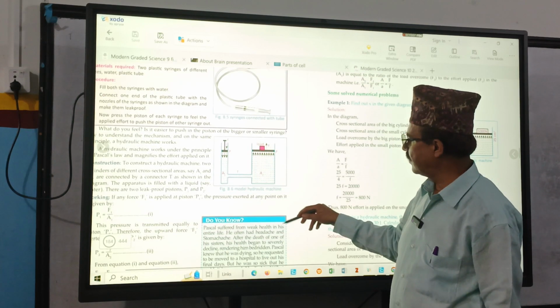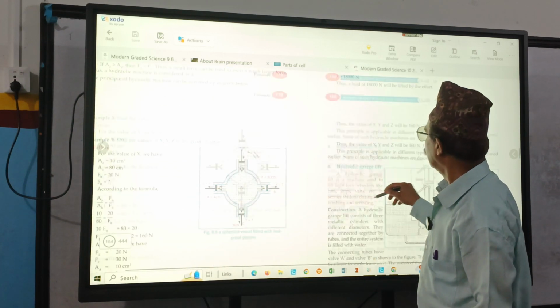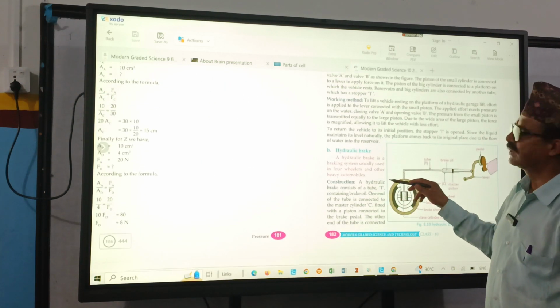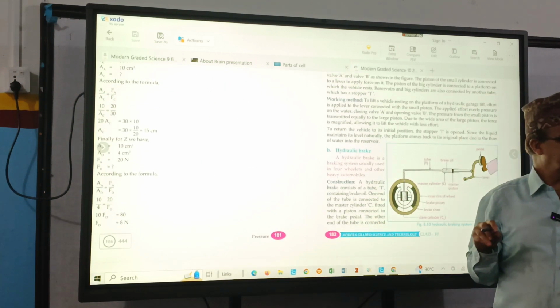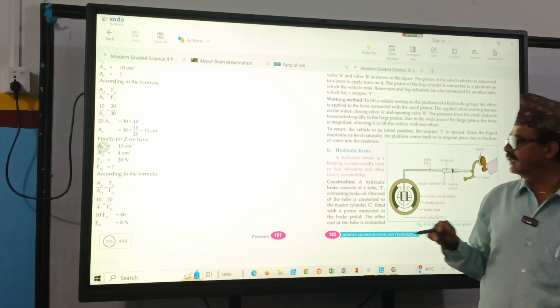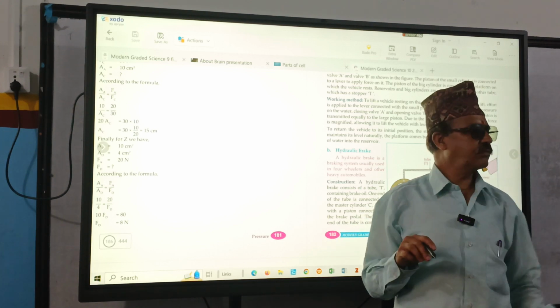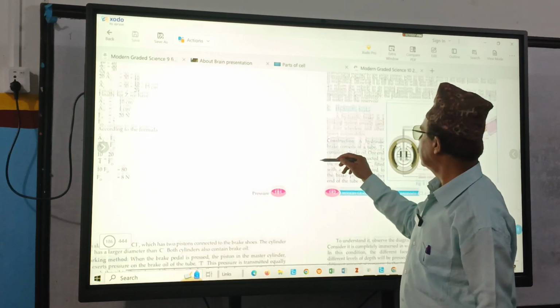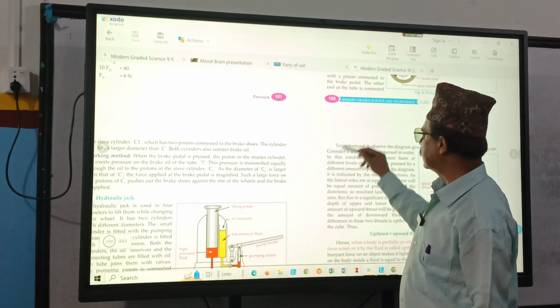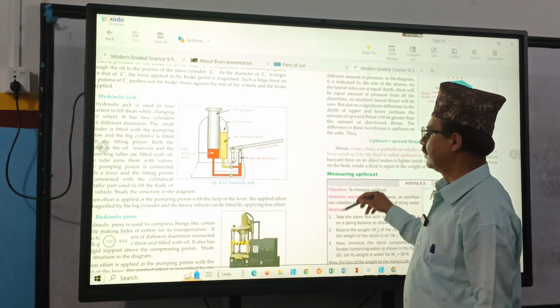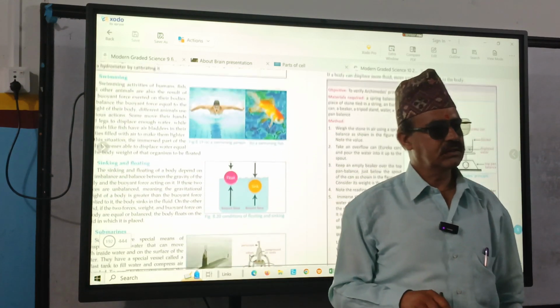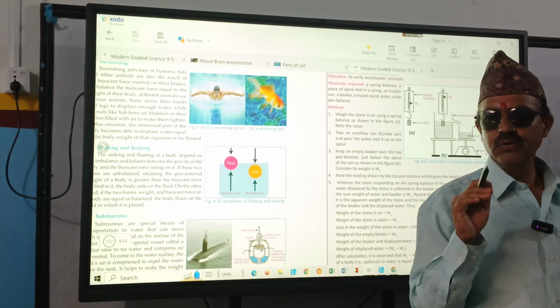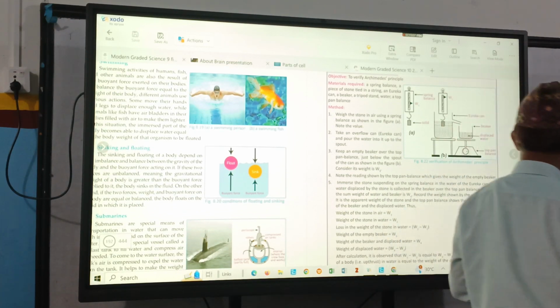Luniba, pages 179, 180, 181. After that, Nirisa, pages 182, 183, 184. So up to 184 will be discussed. Okay. Now you will take out your books and copies and start doing the work quickly.